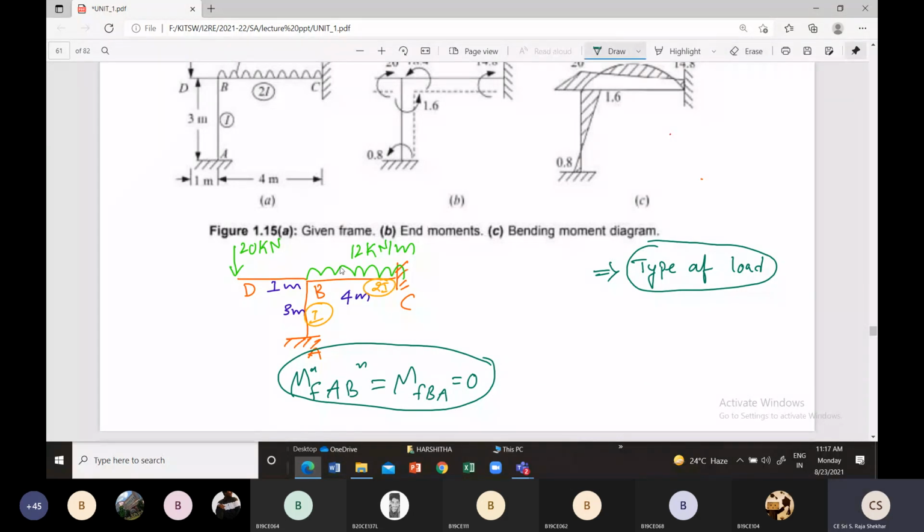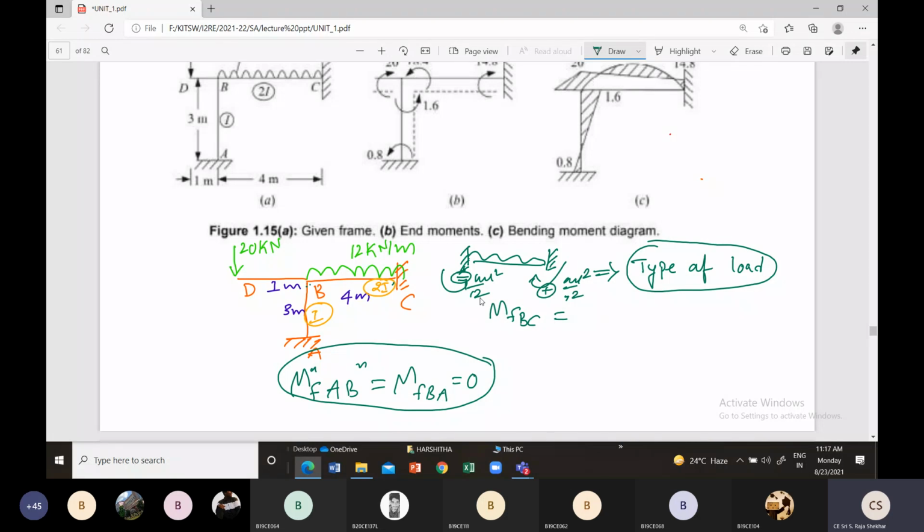For the BC member, this is a uniform distributed load, so the fixed end moment will be WL square by 12 on the negative side and WL square by 12 on the positive side.